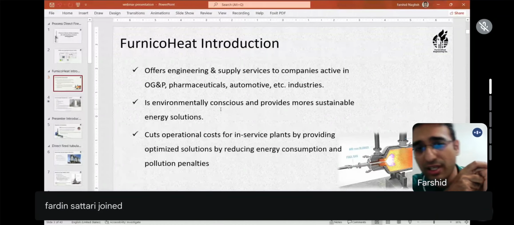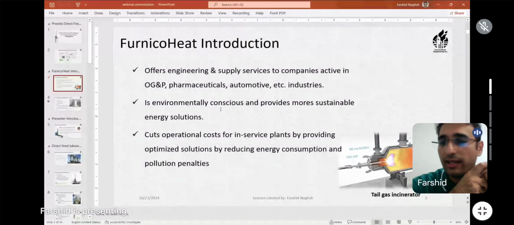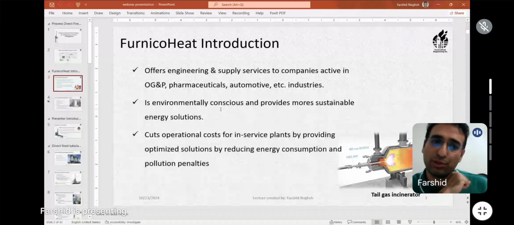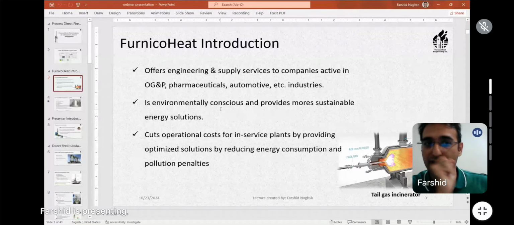First, we reduce the fuel usage in combustion equipment. This is one way of conserving nature. And second, we reduce the pollutants, which is a very important topic in today's industry, and geopolitically it is very important.